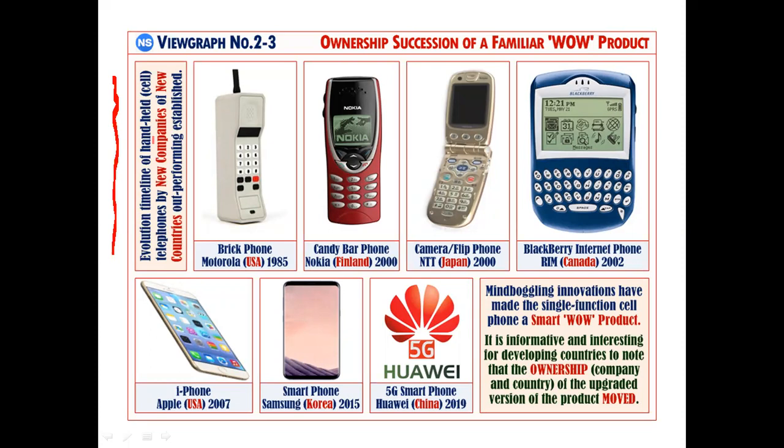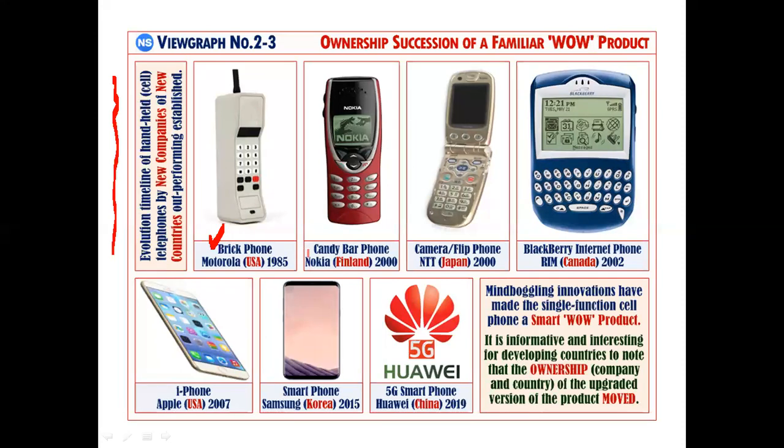Mobile phone, cell phone, whatever you call it, how the evolution has changed from country to country, from company to company. First, Motorola in 1985, US, produced what we used to call a brick phone. It looks like a brick, so we call it a brick phone.